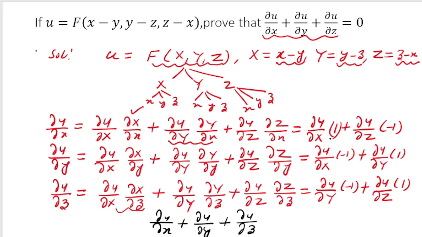If I add it, you can see del u by del X with a plus and minus sign cancel, del u by del Z with a minus sign and with a plus sign cancel, and del u by del Y plus del u by del Y minus also cancel, so what I will get is 0, and this proves the result. So this is another interesting problem. Just check it carefully and let me know in case you have any doubt in the comment section.